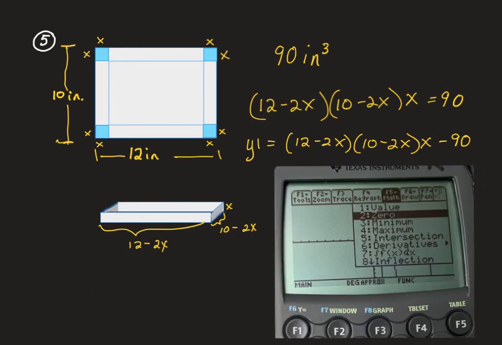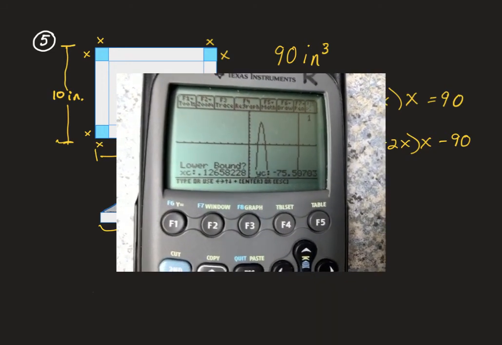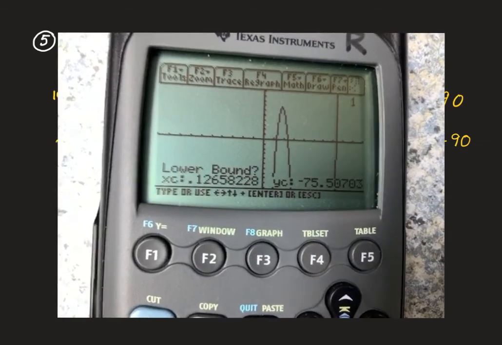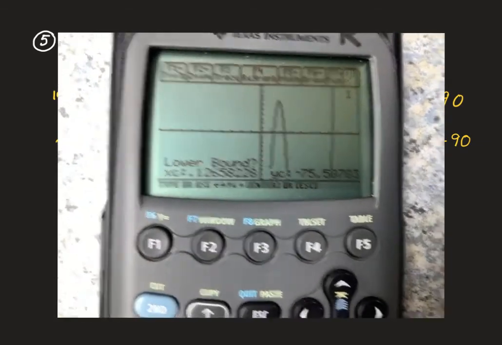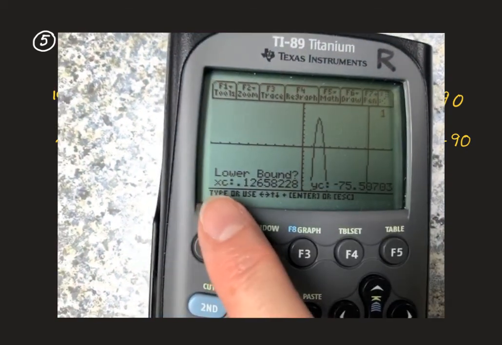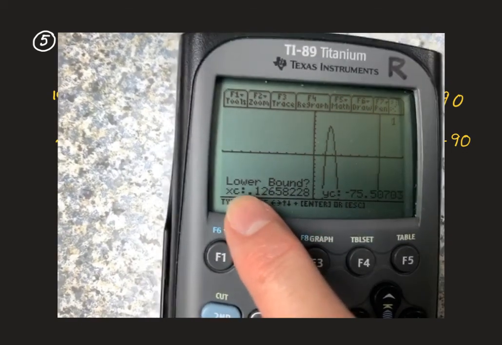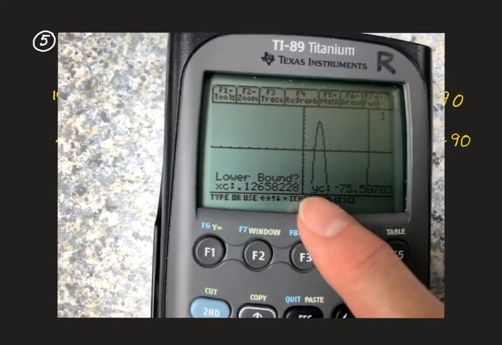If you push the F5 button, this drop-down table will give you 0 as your second option, and that's the one you want. So now I'm going to walk you through finding the roots of this equation. As you can see, it's asking you for a lower bound, and it's telling you where your cursor is located. The x value is 0.1265, whatever.